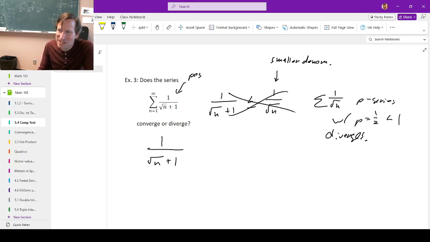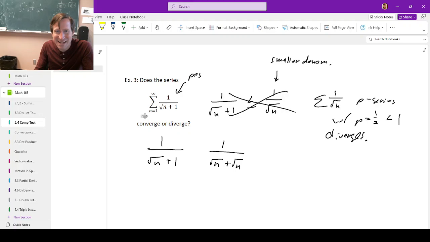This is one of the tricks of the comparison test, figuring out an appropriate series to compare it to. Again, we need to make the denominator bigger so that the fraction is smaller. And we can do that by replacing this 1 with the square root of n, right?